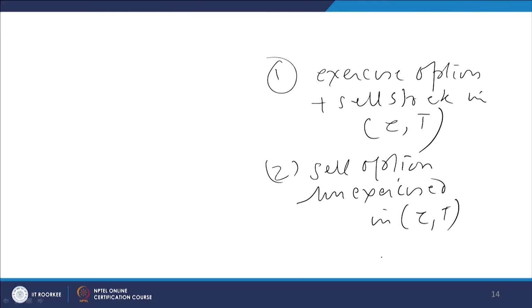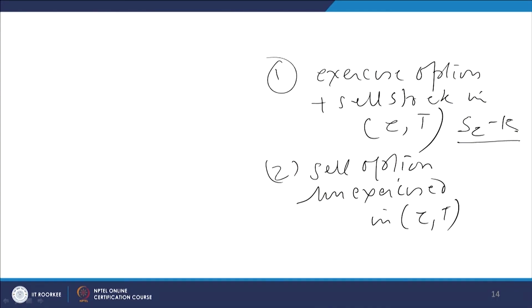Now, if you compare these two situations from the perspective of the buyer, a person who has bought from you. If you sell the stock at point tau, then the profit that you get is S tau minus K. However, the price that you are going to get from the option is more likely than not going to be higher than this value. Why is it going to be higher?